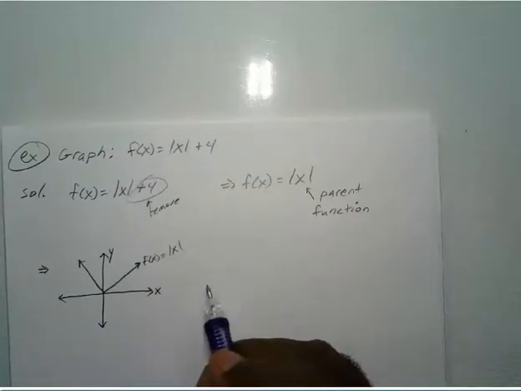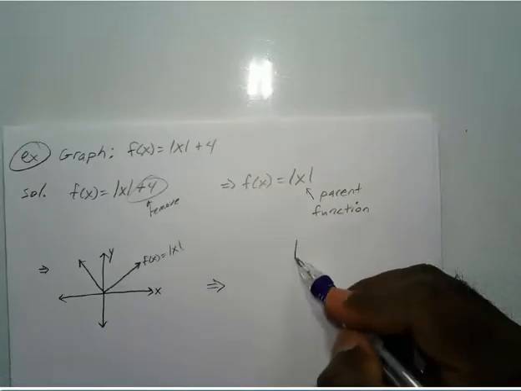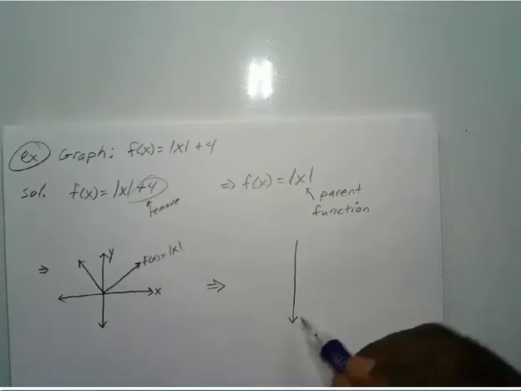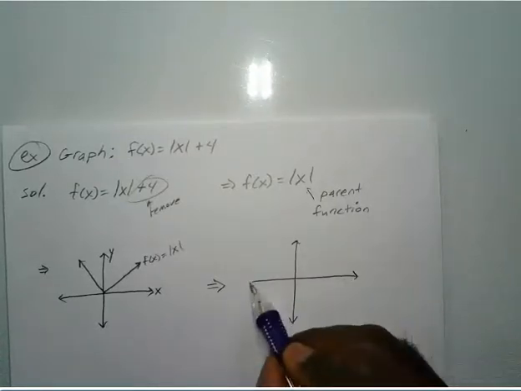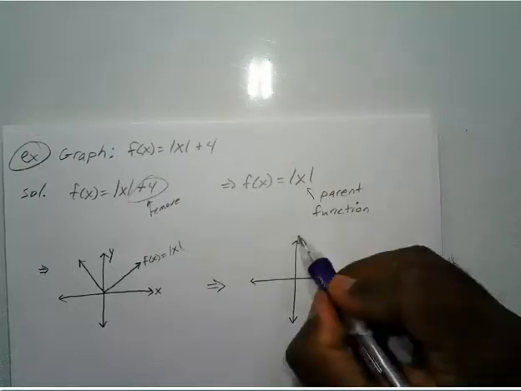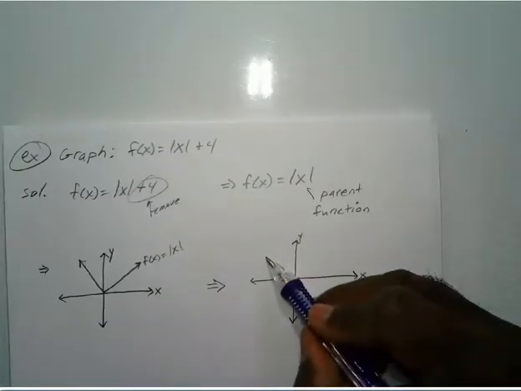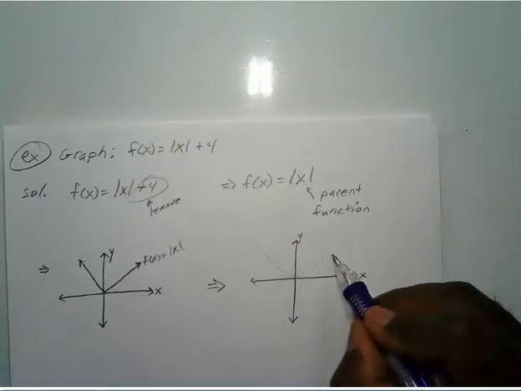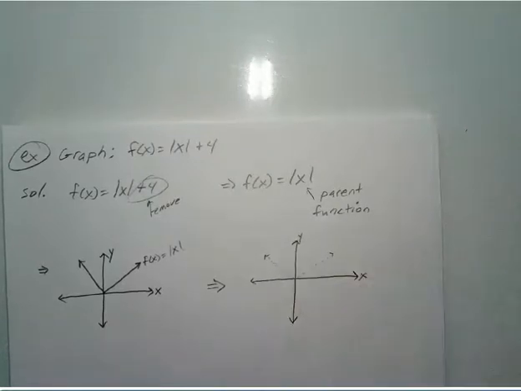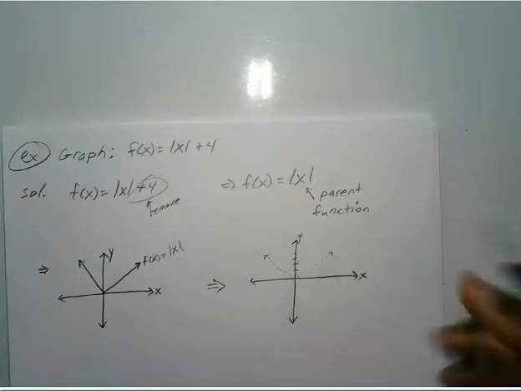Okay, now from there, we're going to draw our x and y axis. Okay, and just like before, I'm going to draw kind of a little light dotted parent function. That's our absolute value of x, just to kind of show you where we are. 1, 2, 3, 4.